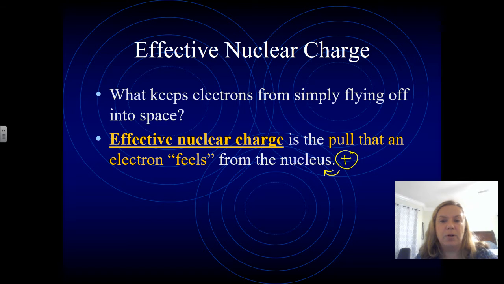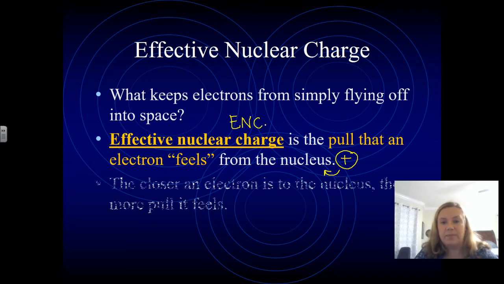So it's this pull, but yet that nucleus can't just pull in all those electrons super duper easily, because those electrons are moving so fast that there is some distance between the two. But this effective nuclear charge, and sometimes we refer to this even as ENC, the effective nuclear charge is that pull. It's not a force, it's more like, again, an attraction.